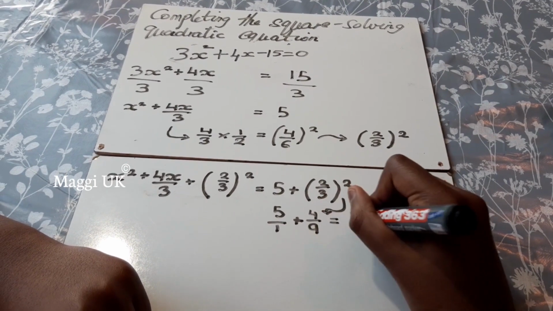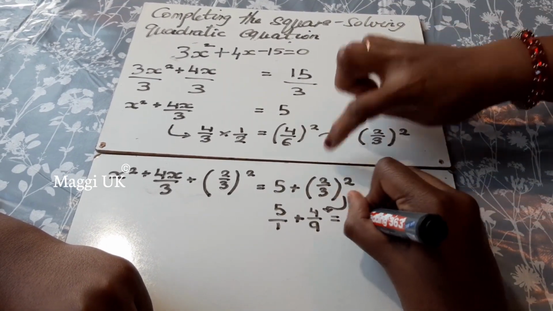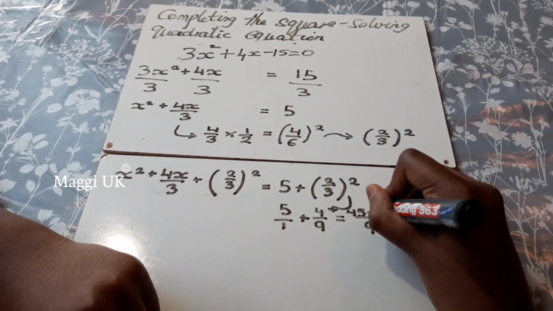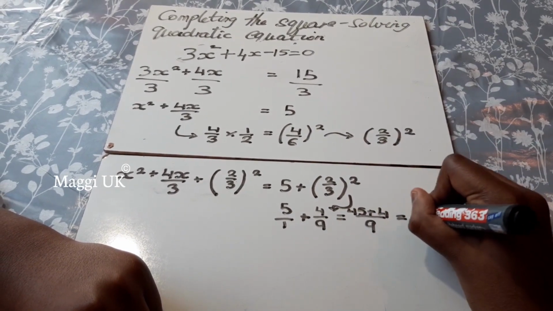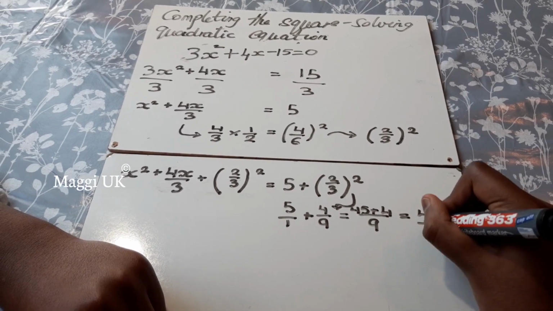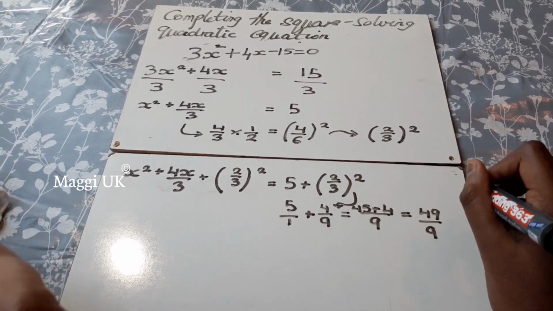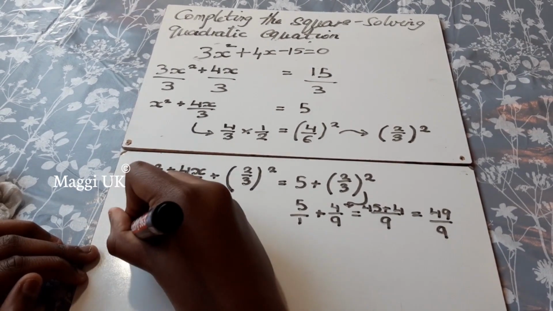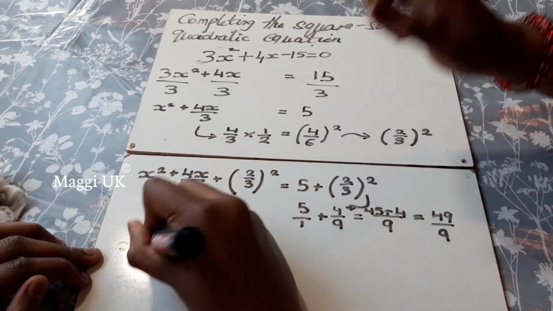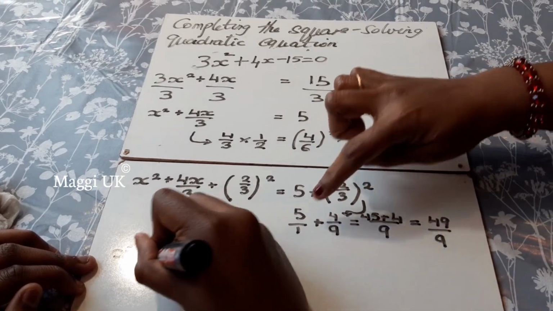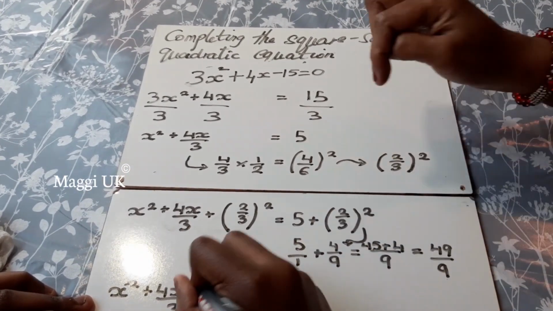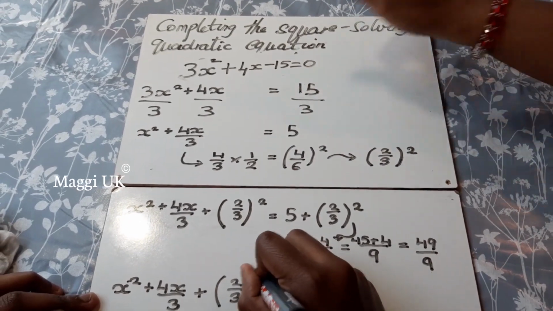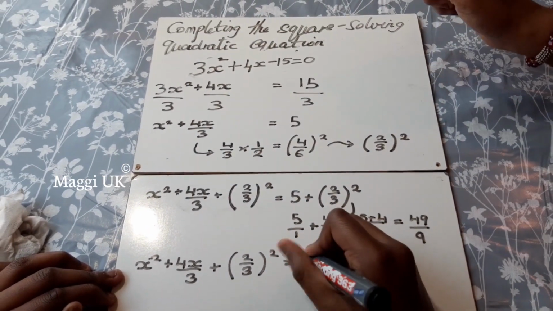So now we are going to simplify this, which is he has done the square for the 2 and the 3, which gives you 4 over the 9. And then he is doing the normal fraction method, having the same denominator, the bottom denominator, and then we cross multiply this, which gives 45, and this will be your 4. And that gives you 49 over the 9. And this is both square terms.